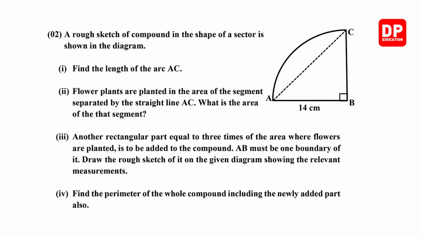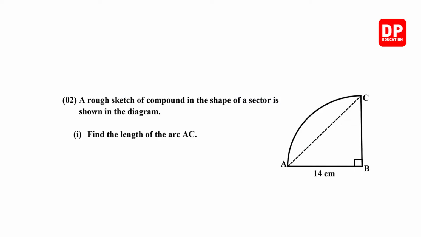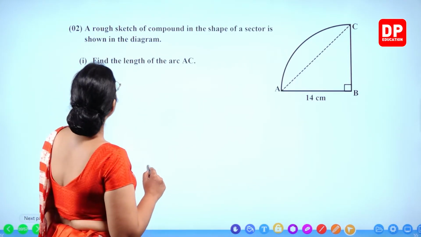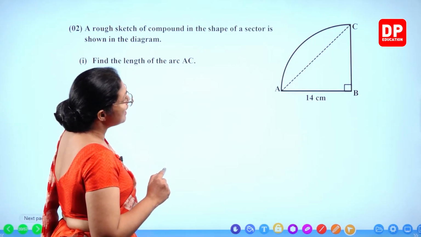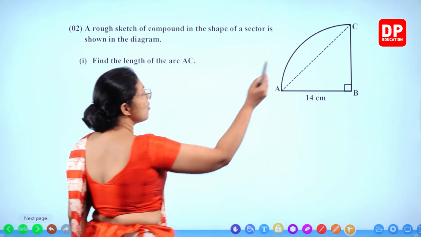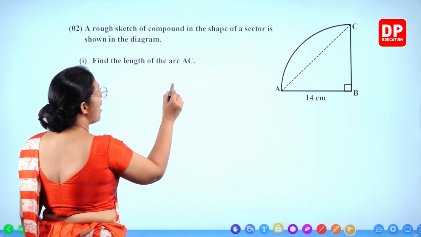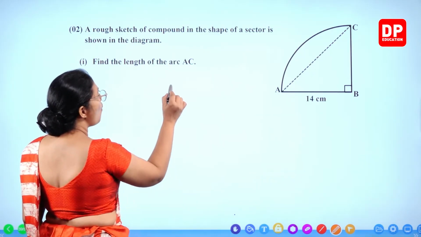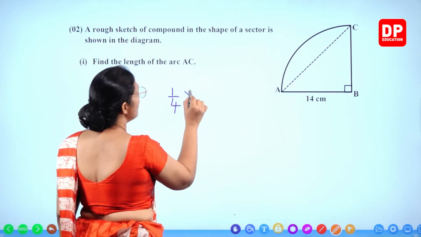Question number 2. It's about areas. Let's do that. A rough sketch of a compound in the shape of a sector is shown in the diagram. Find the length of the arc AC. So this is a quarter of a circle, and you are asked to find the arc length. So how do you find the arc length? 1/4 of 2 pi r.